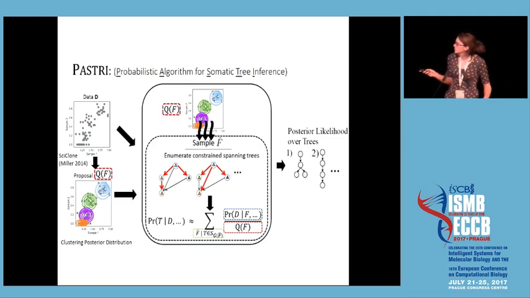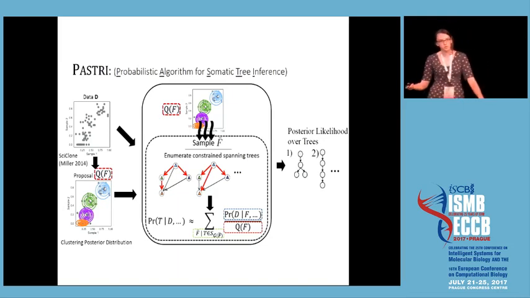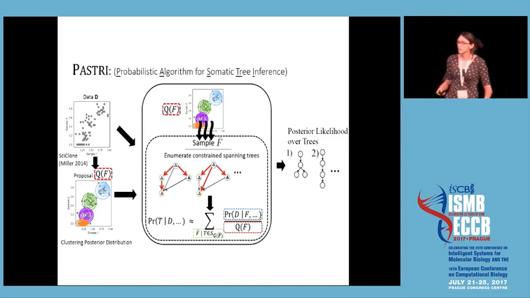We calculate a posterior distribution over the cluster frequencies, and then we sample from this posterior distribution. For each sample, we enumerate the set of constrained spanning trees. Since these trees are the only ones for which the sample would have non-zero probability, we contribute that sample to only those trees. And so we're able to calculate the posterior likelihood over the trees in this way.